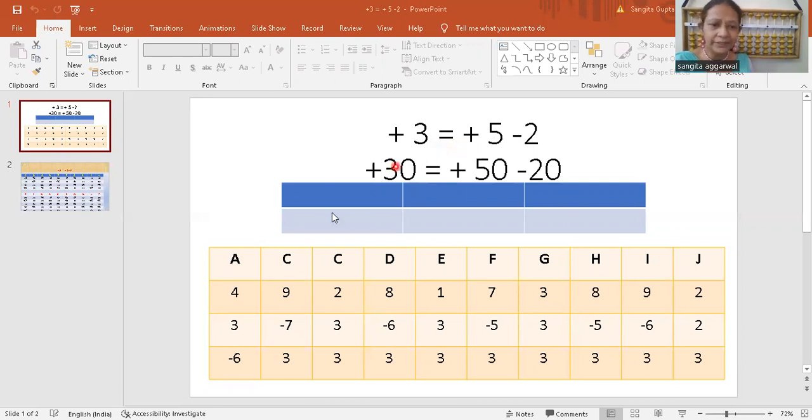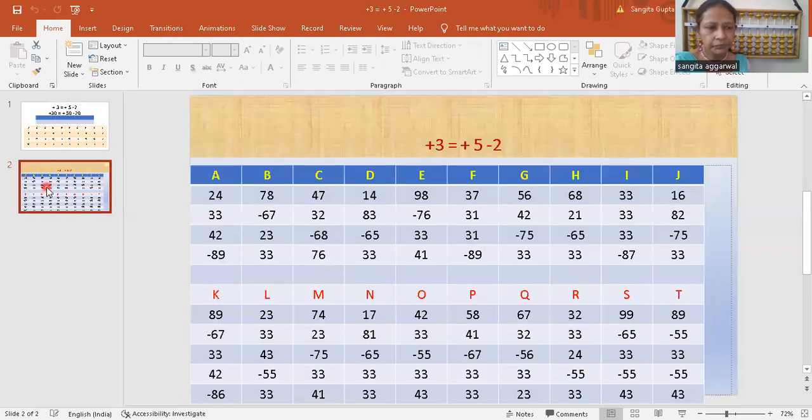Now you can see on the screen all these questions A, B, C, D, E, F, G, H, I, J. All these questions are very easy questions. You have to practice all these questions on your own. Now look at the screen I'm showing you.